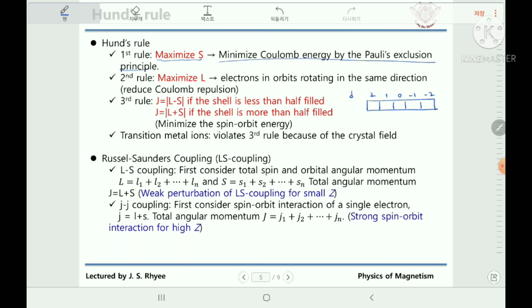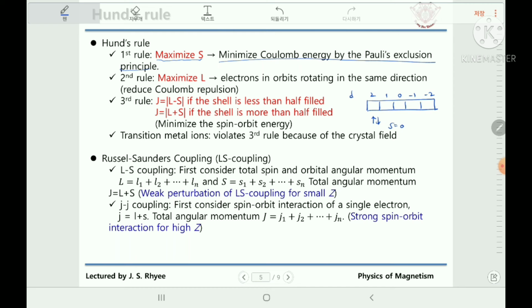Here, maximize S means that if an electron resides in a certain orbital, another electron can occupy the same orbital but with a different spin direction, and then its total spin is 0.